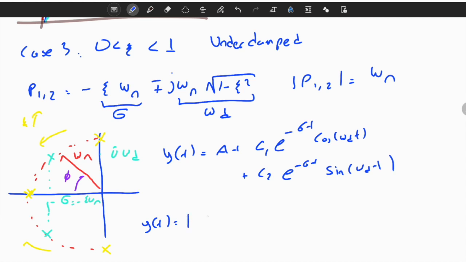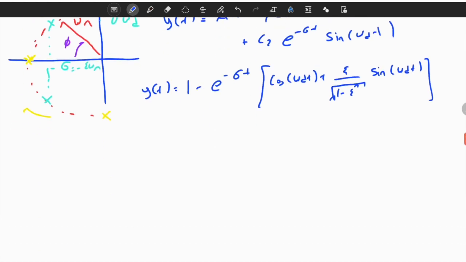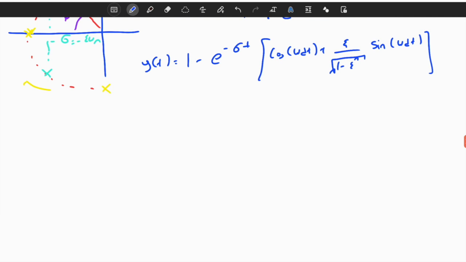The whole solution will look like this, and I really recommend you go over the solution by yourself: e to the power minus sigma t, cosine omega dt plus psi over the square root of 1 minus psi square, sine omega dt. You can also solve this using Laplace transform, or use MATLAB with the symbolic math toolbox to find the time domain analytic expression. But instead, we use magnitude and phase notation and write everything in sine form.